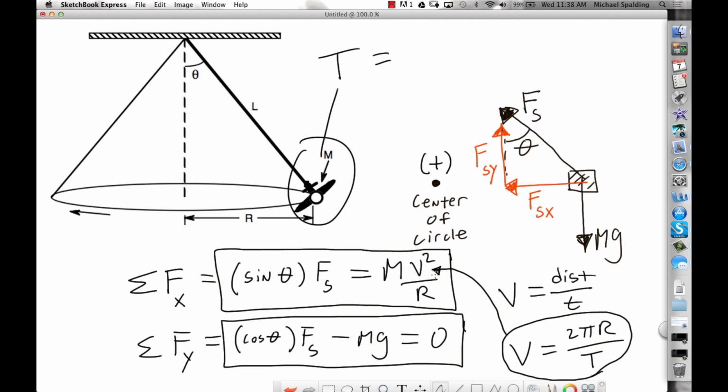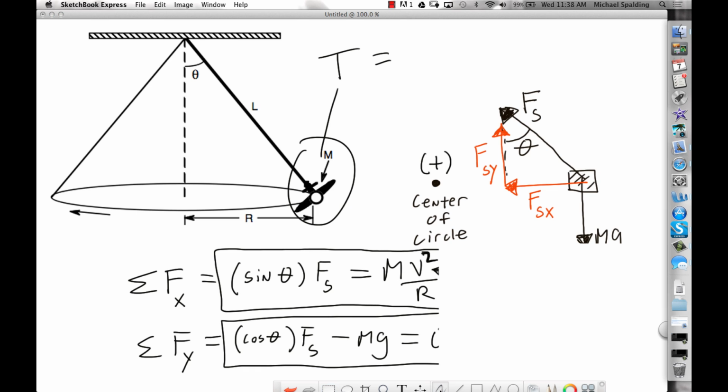We're plugging into a not too friendly situation because this velocity is squared. But still, it's very doable. When you plug that in, here's what you're going to get. This is going to be equal to m times 2 pi r over period, squared, divided by r, like that. That's 0.